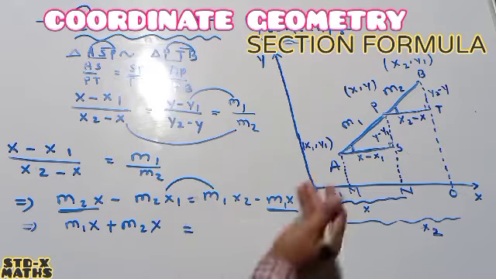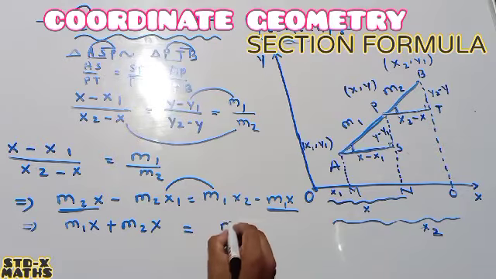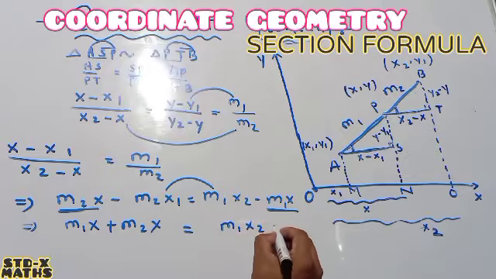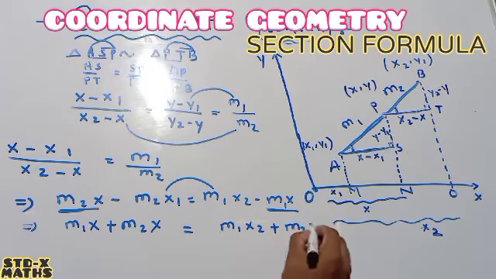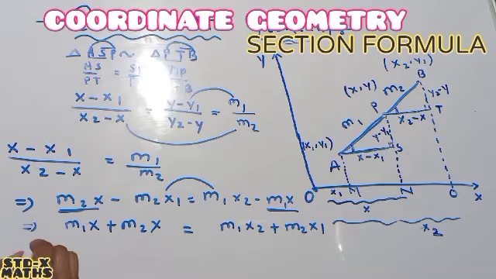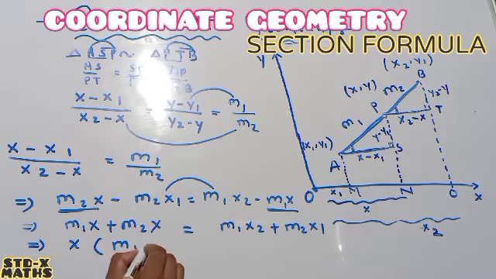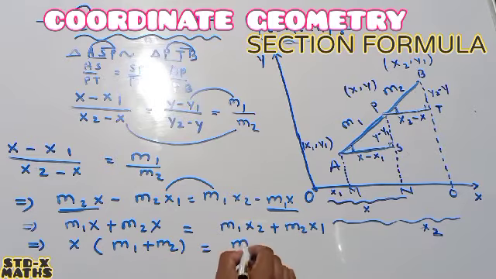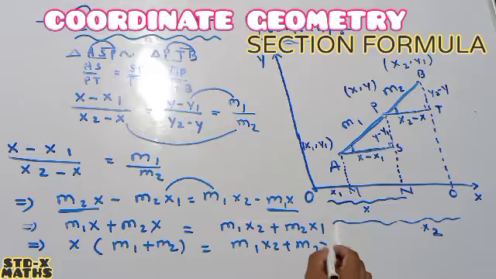The next two terms I am moving to the right side: M1 x2 plus M2 x1. Between the two on the left, I can take x as common. After taking x common, within the bracket it will be M1 plus M2, and the right side becomes M1 x2 plus M2 x1. Understood?